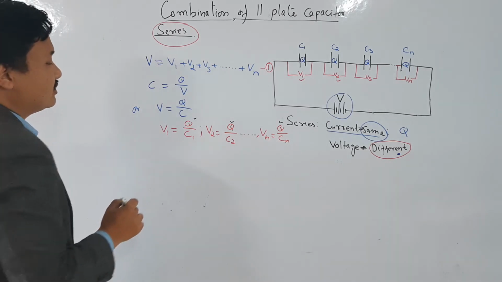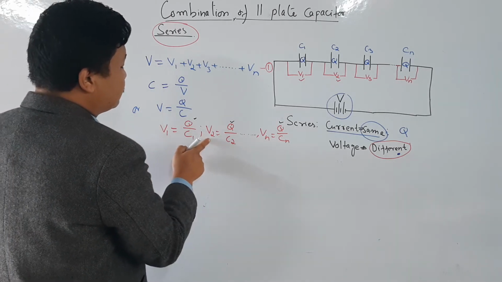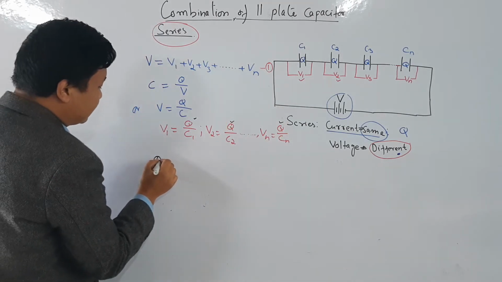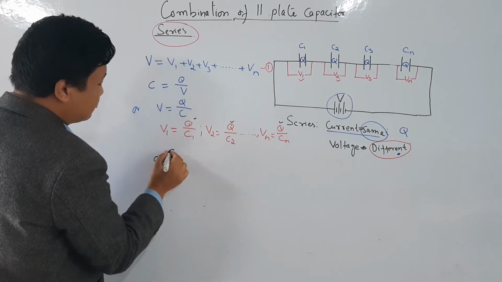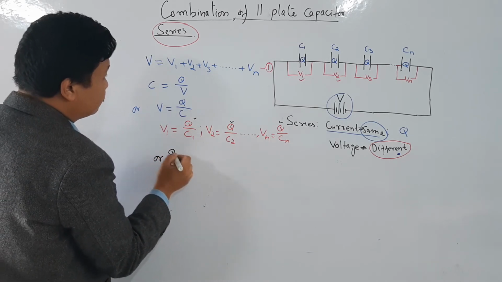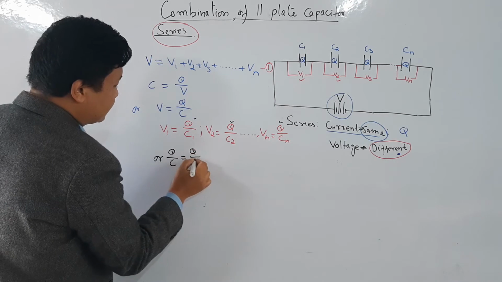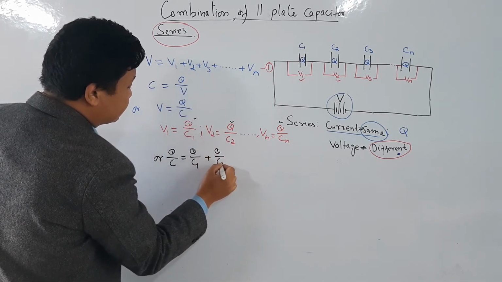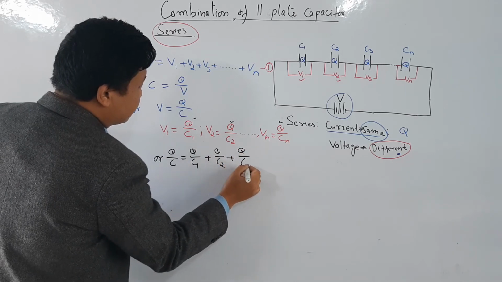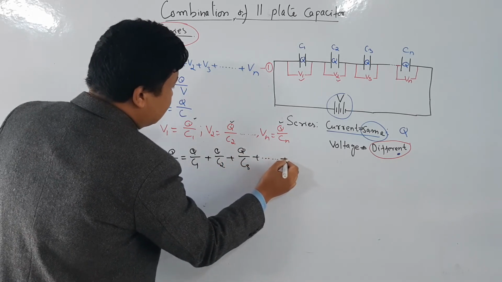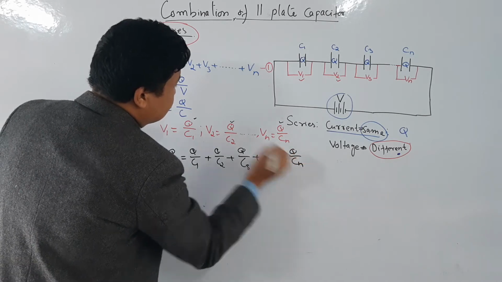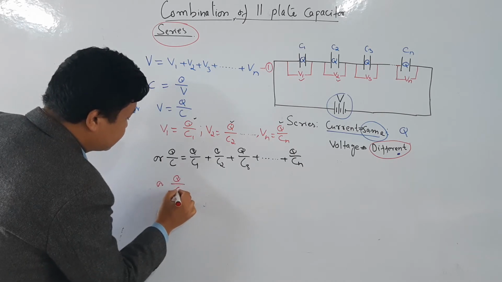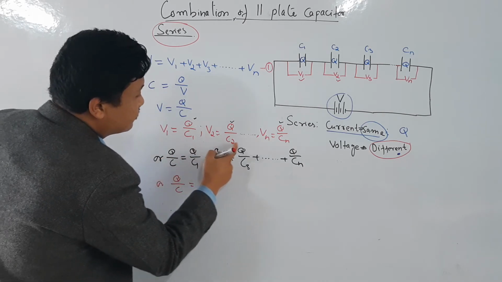Then let me substitute the values of V1, V2, V3 and Vn in equation number 1. What do I get? I get V equal to Q by C, so Q by C is equal to Q by C1 plus Q by C2 plus Q by C3 plus dash plus Q by Cn. Let me take Q as common.